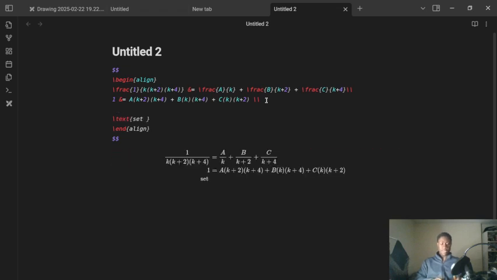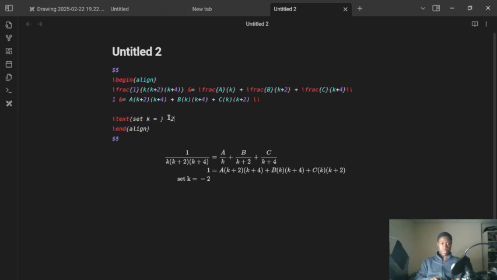Let's first set k equal to, well, a smart one would be -2. Why -2? The k plus 2 factor is shared by A and C. So if I set k to -2, it cancels both of these and I'm only left with the middle term.